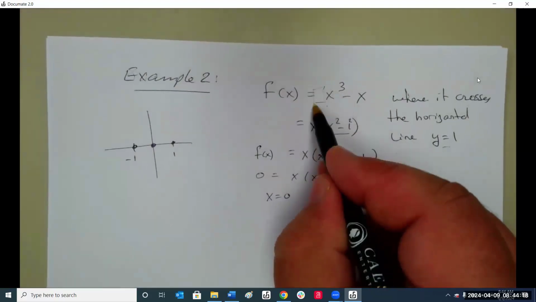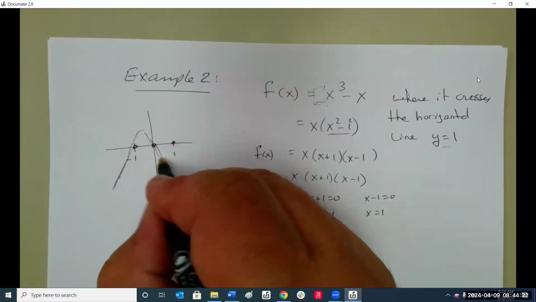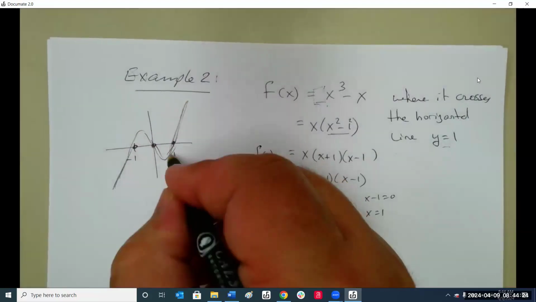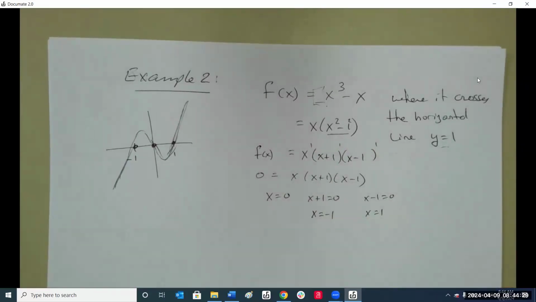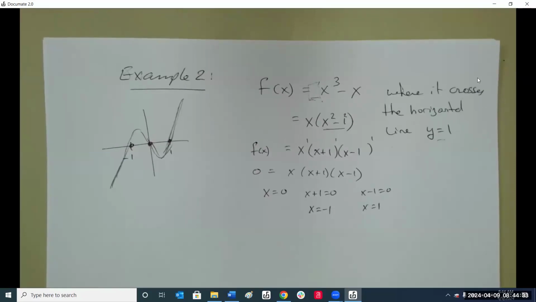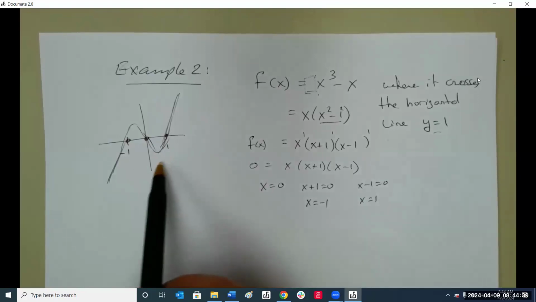It's an increasing function. And since the multiplicities are all 1, it crosses at those intercepts. Review of algebra. So that's that function.